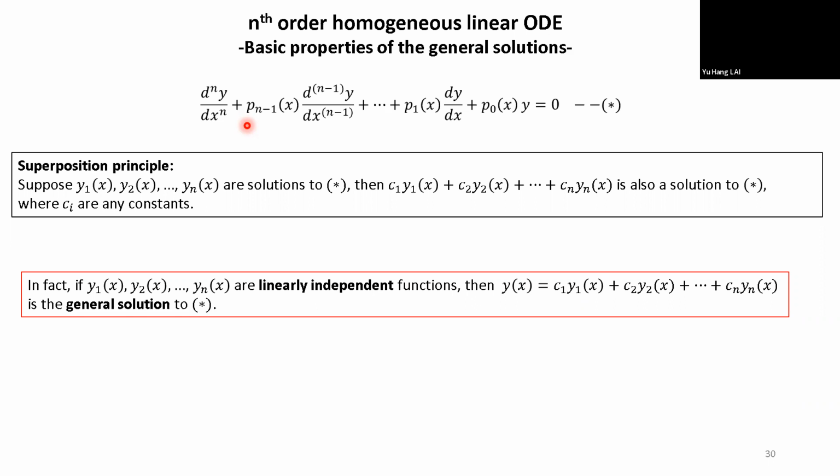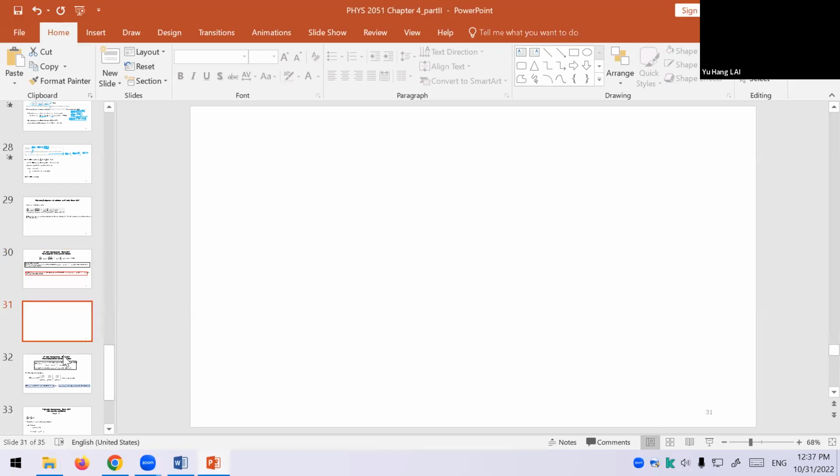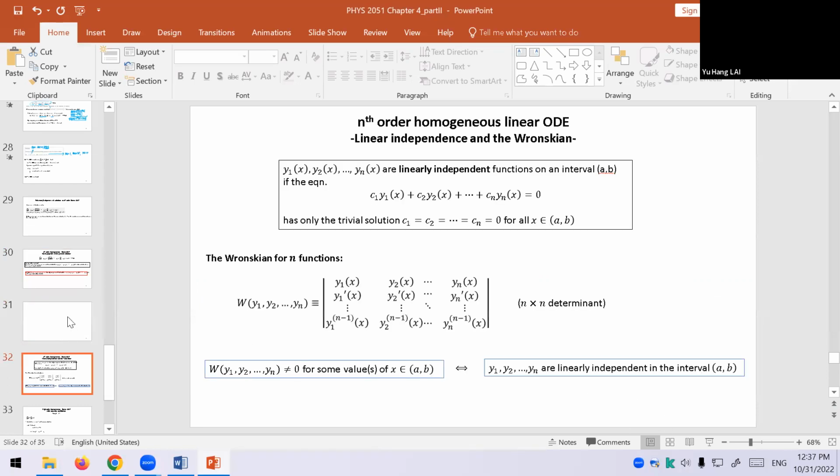So what about more than two functions? For 3 functions, 4 functions, how do we say whether they are linearly independent or not? I gave the definition here, but before that, I want to give you a picture.